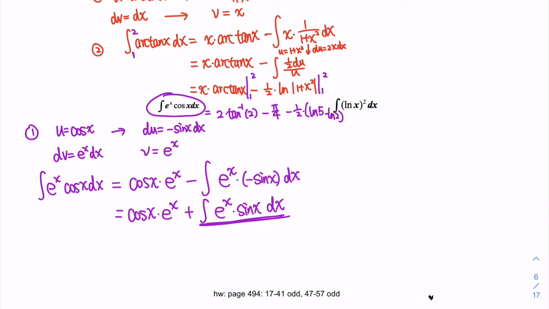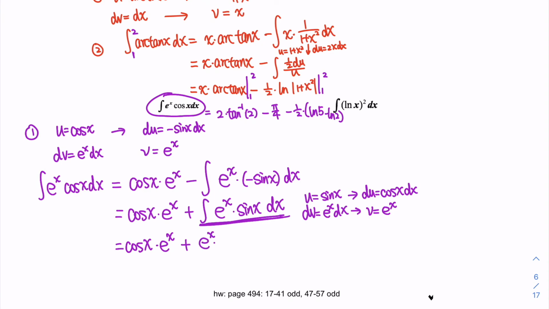From here, u equals sine of x, dv equals e to the x dx. So du will be cosine of x dx, and v will be e to the x itself. So this becomes cosine of x e to the x plus u times v, e to the x times sine of x, minus the integral of v du, e to the x times cosine of x dx.